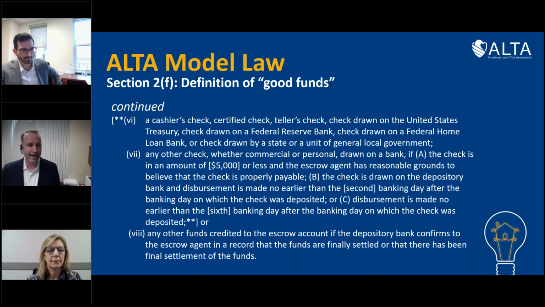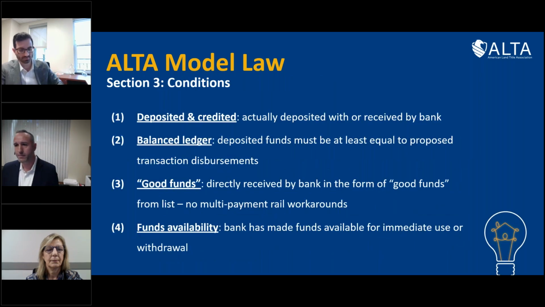The second category is all other checks, for which we recommend either a dollar limit and reasonable grounds for believing that the check is properly payable, or waiting a long enough period of time, at least for the payer's bank's midnight deadline to run. But as Michael pointed out earlier, these conditions are not magic bullets, and many states may choose different approaches to handling checks. Mickey, I'm going to pass it over to you.